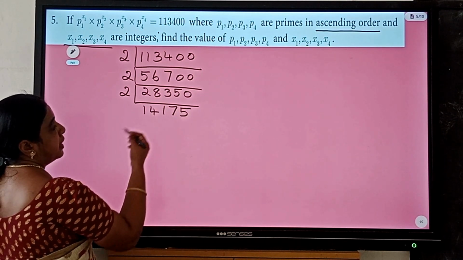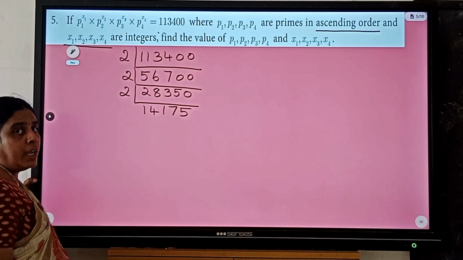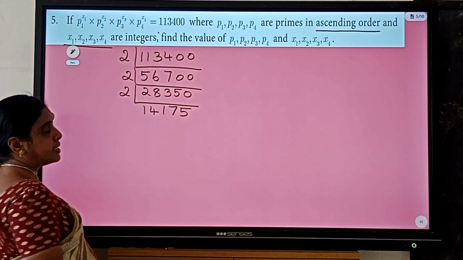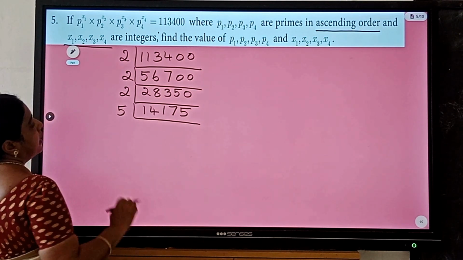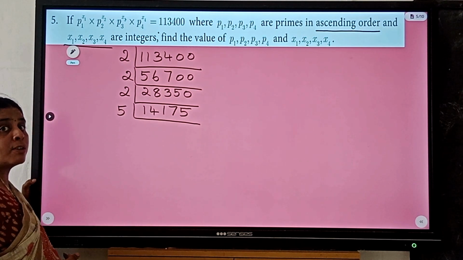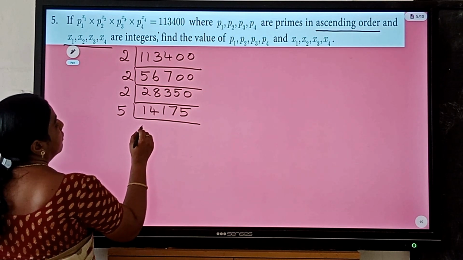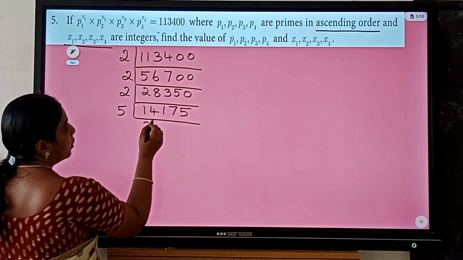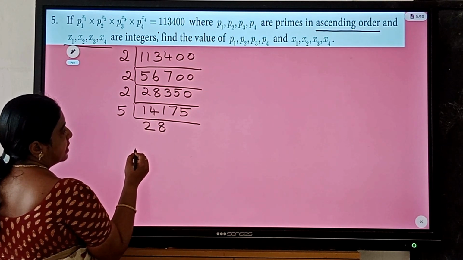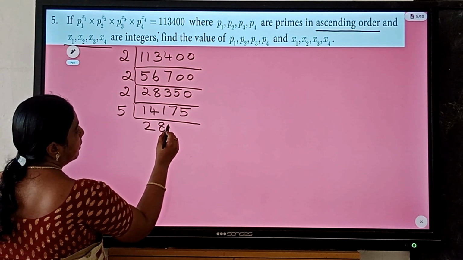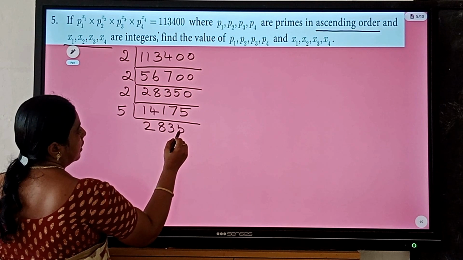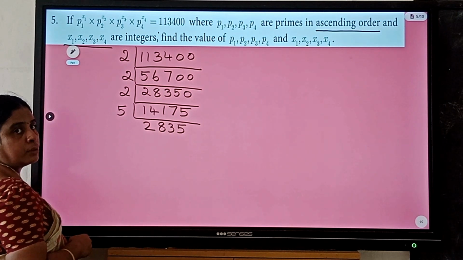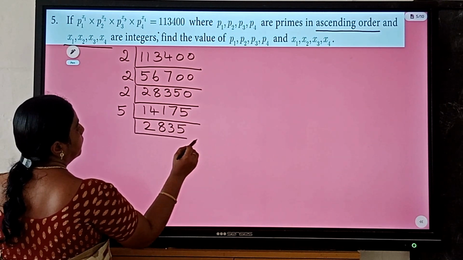So now you have the number ending with 5. Any number ending with 5 is divisible by 5. So now you divide the number by 5 because 5 is also a prime number. 5 2s are 10, 4 remaining, 5 8s are 40, you have 1 remaining, then 5 3s are 15 and 5 5s are 25.